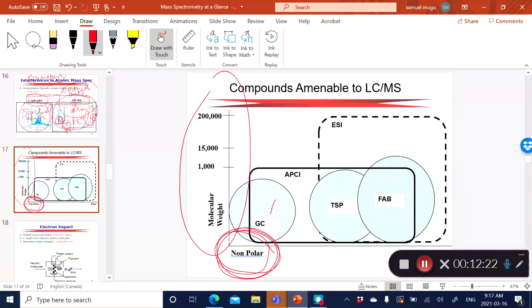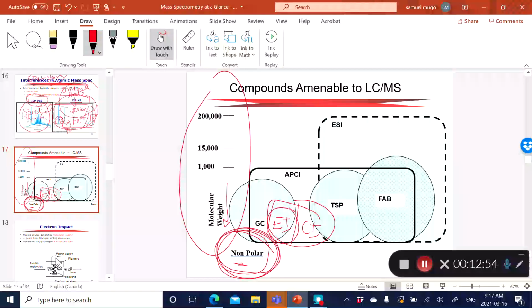For example, for GC, maybe I can call it EI, because it is the most common type of ionization method with the GC, and to some extent, the CI as well. As I said in the previous slide, those are the two ionization techniques used with the GC. So those are mainly used to analyze non-polar as well as fairly low molecular weight analytes.